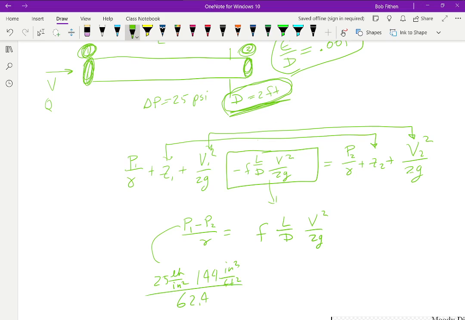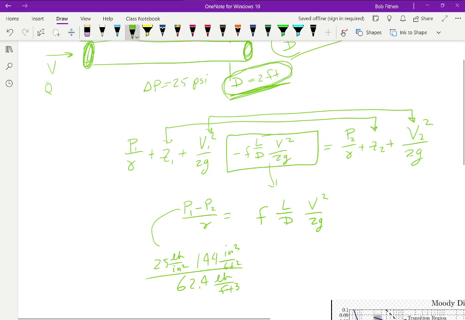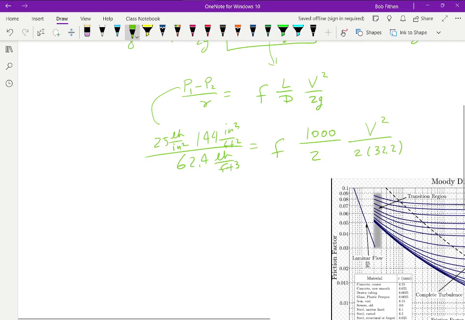It may not be water, but in our case, pounds per cubic foot. Turns out the units here will become feet. The length is 1,000, diameter of 2 feet, V squared, which you don't know, and 2 times 32.2.